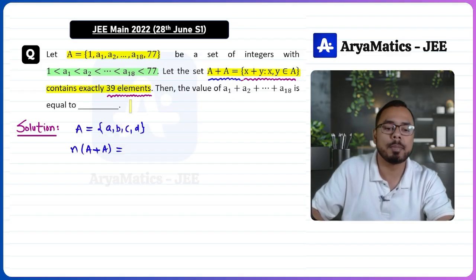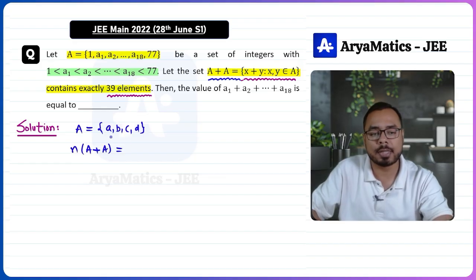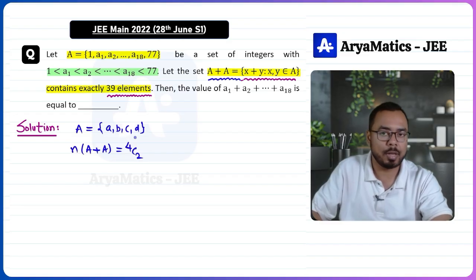So if I take two numbers from here, and you can take the same number also, then how many different sums can you create? For that, the answer is that if I pick any two numbers, the number of ways of selecting that will be 4C2. So for example, you can select A and B, or A and C and so on. So picking any two numbers will give you one sum.